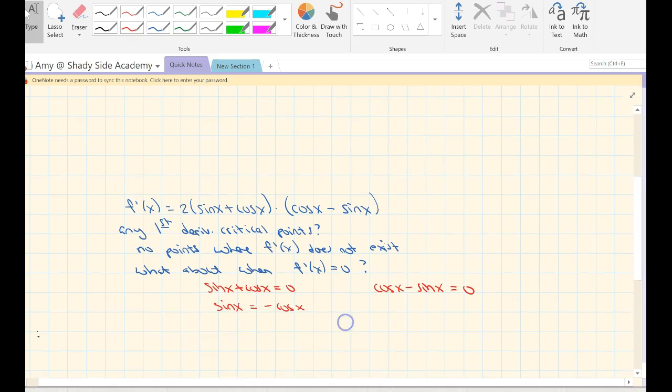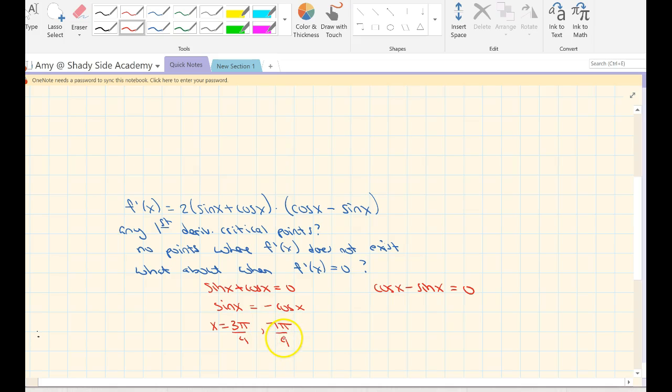So what angle, with a reference angle of pi over 4, will terminate in quadrant 2 or in quadrant 4? Well, quadrant 2 would be 3 pi over 4, and then quadrant 4 would be 7 pi over 4.